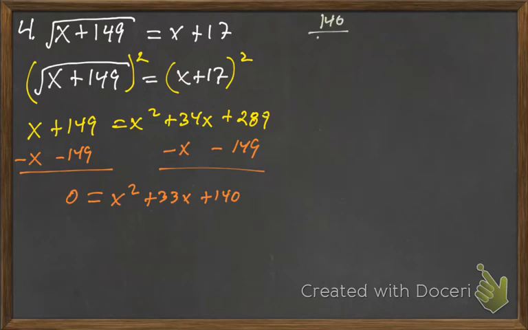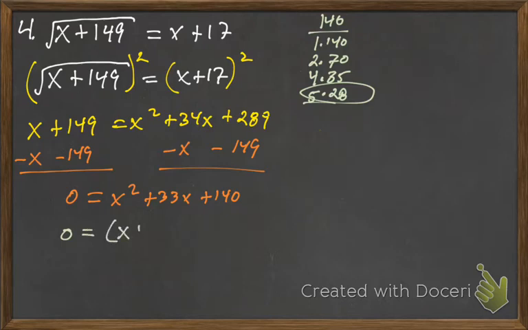So I'm going to write the factors of 140, or at least start. 1 times 140, 2 times 70, 4 times 35, 5 times 28. 5 plus 28 will be 33, so that's what we want there. So 0 is equal to x plus 5 and then times x plus 28.